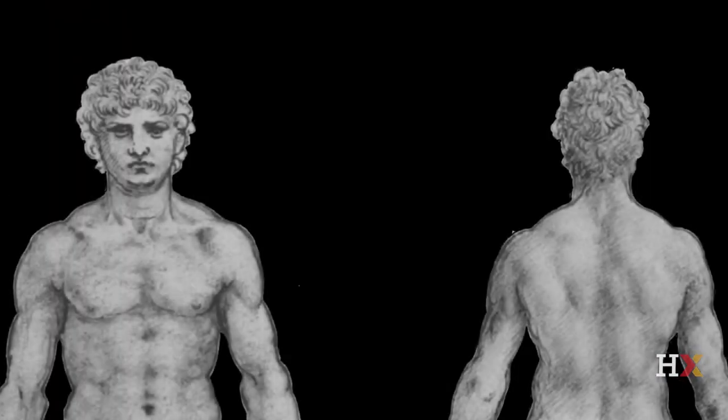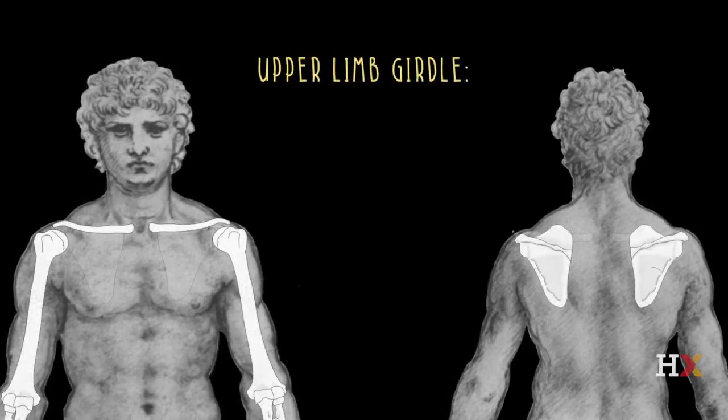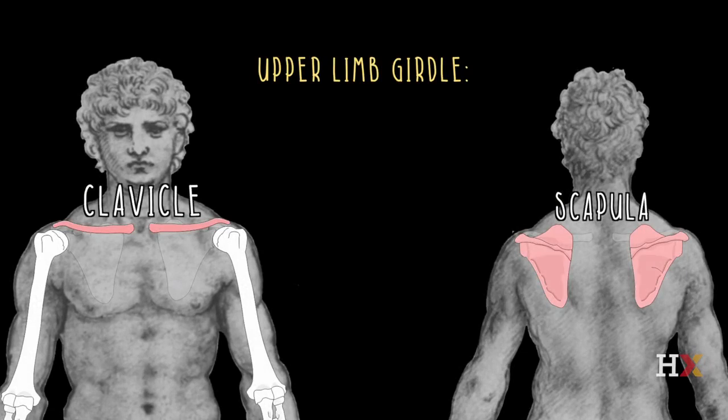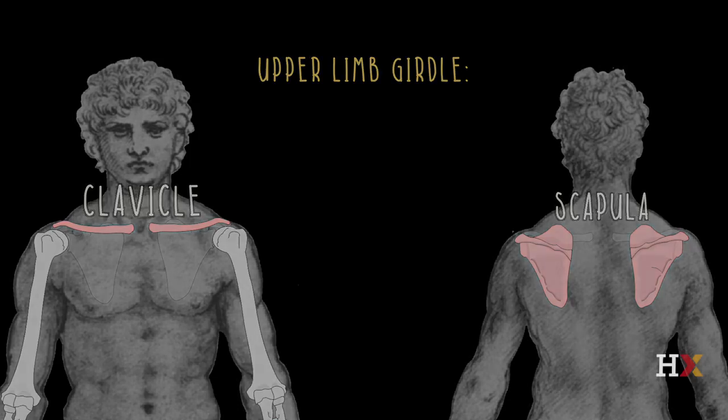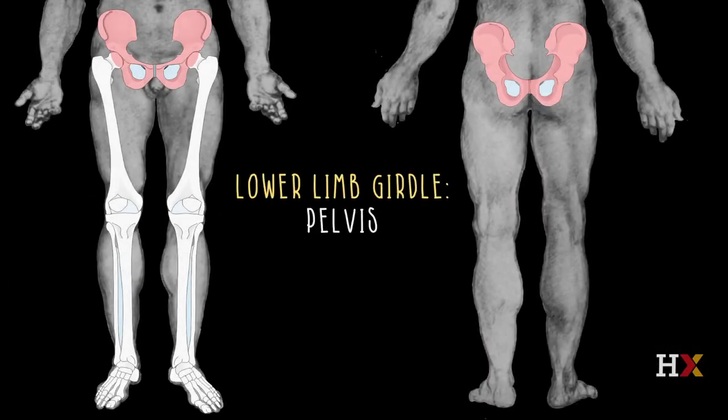So for the limb girdles, the only bony attachment, the only real bony joint between the upper limb and the axial skeleton is right here at the sternum. So the scapula and the clavicle can move all over the chest, restrained only by the sternoclavicular joint. The anatomy of the lower limb girdle, the pelvic girdle, is very different. The pelvic girdle, instead of being adapted for mobility, is adapted for stability.